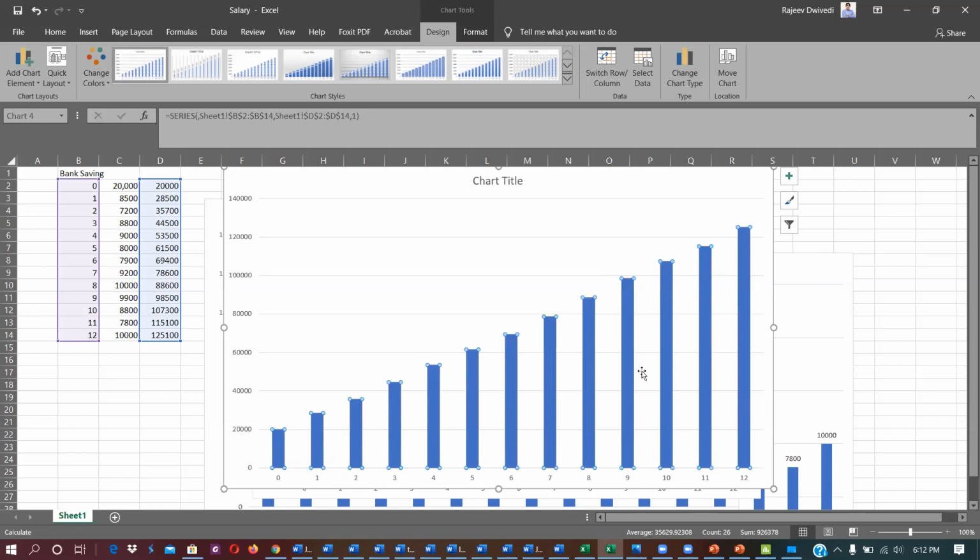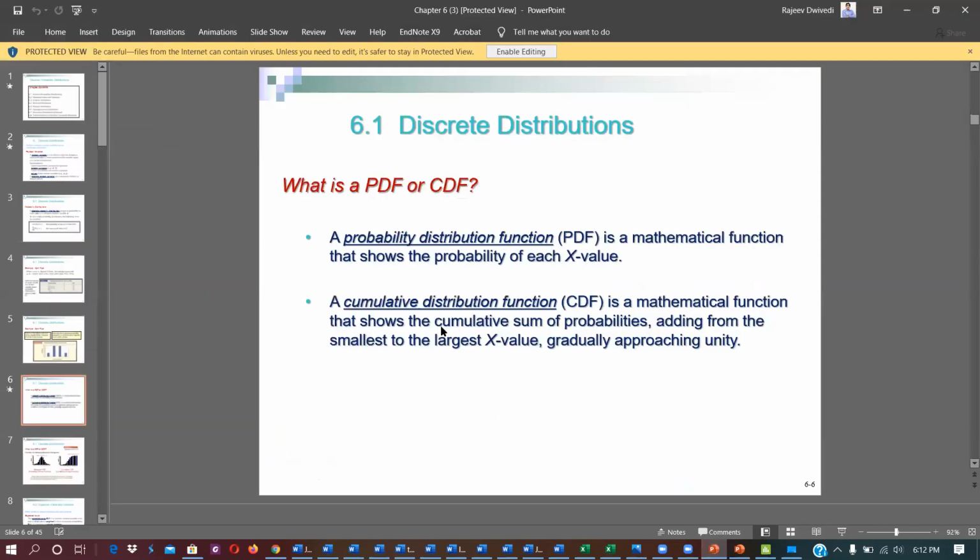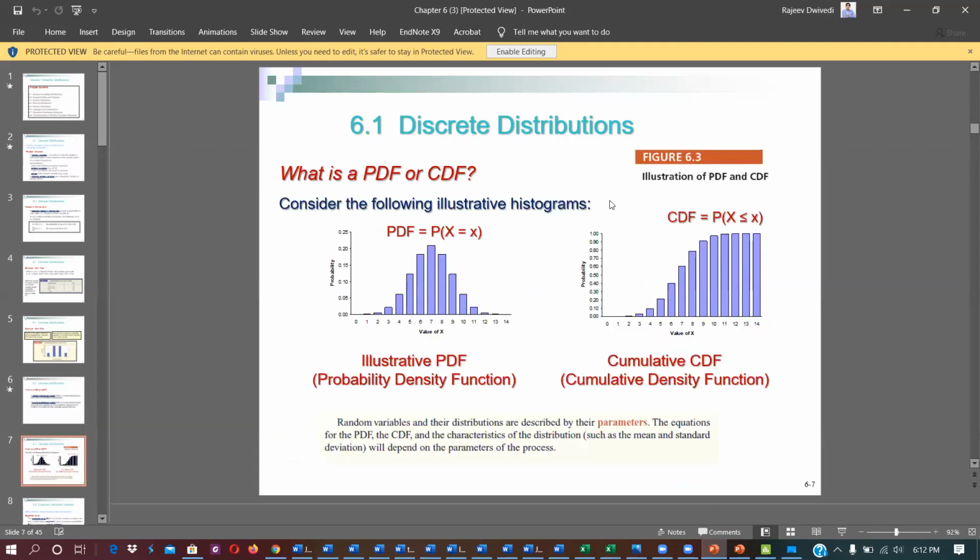Similarly, these are the cumulative distribution function and the probability distribution function, the two functions that we use in all the probability distributions. So PDF, CDF. CDF reaches all the way to 100, and the PDF is the individual value, the individual event probability, and the CDF is the cumulative events probability.